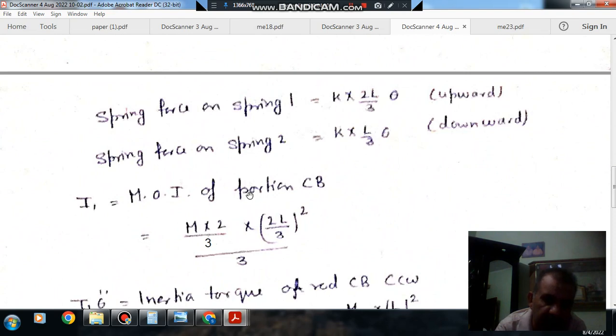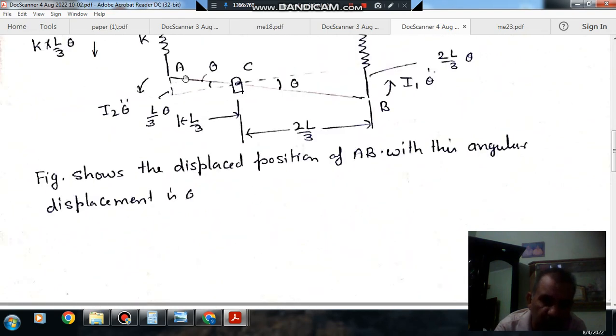Now the inertia torque on rod CB is I1 theta double dot, where I1 is the moment of inertia of portion CB. As the total mass of the rod is m, for 2/3 of the length the mass will be m into 2 by 3, because it is a uniform rod.